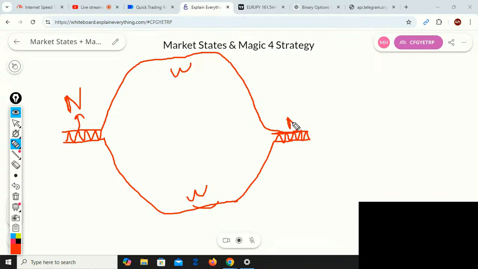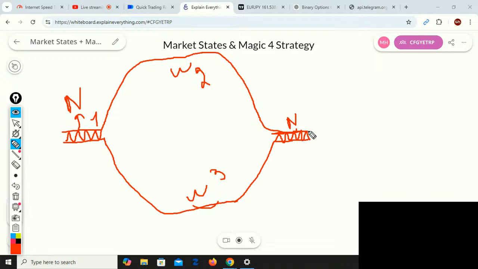Let's call it narrow state. So this is the first state, second state, and the third state. Only three. The market has nothing else to do. It's either moving sideways or up or down. Nothing else.